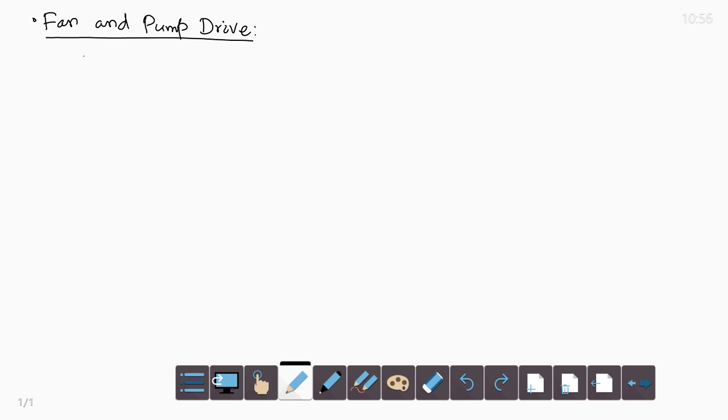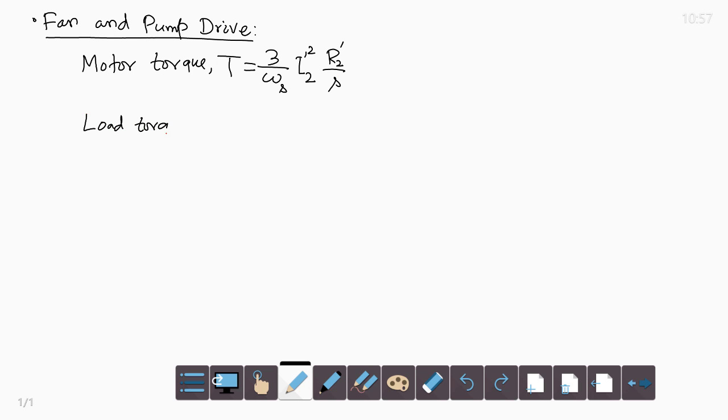For fan and pump load, the motor torque Te is given by 3 by omega s, synchronous speed, into I2 dash square into R2 dash by s, and the load torque is given by TL equals C omega m square, that is C into (1 minus s) whole square into omega s square, because this type of load torque is proportional to the square of the speed.